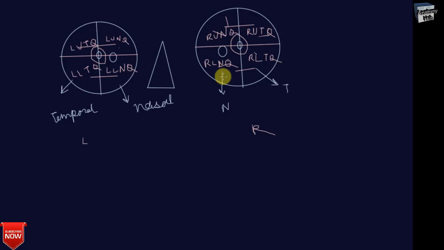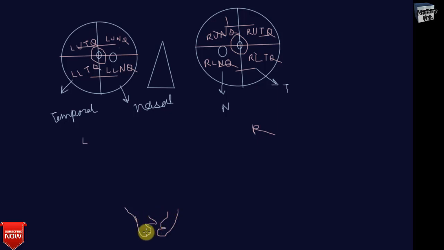After this, why are we tracing this? Because when you go most posteriorly towards the occipital lobe, here you will find the occipital lobe, and here the calcarine sulcus.